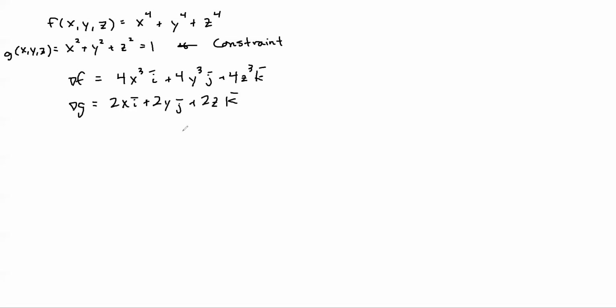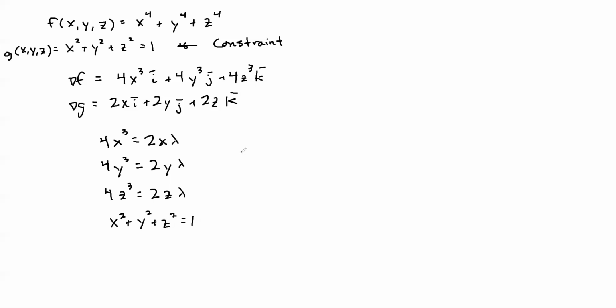Set the components equal with a lambda offset. So we're going to have 4x to the third equals 2x lambda, 4y to the third equals 2y lambda, 4z to the third equals 2z lambda, and then x squared plus y squared plus z squared equals 1. So there's our system.